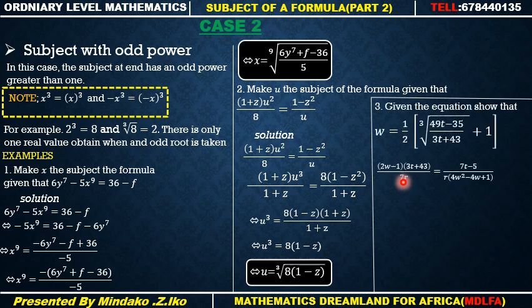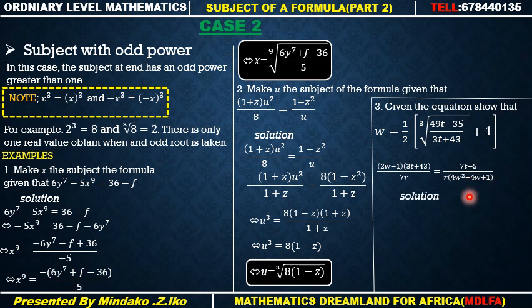For our next example, we have that given the equation below, show that w equals half times the cube root of 49t minus 35 divided by 3t plus 43, plus 1. Okay, it means we have to manipulate all this equation here for us to arrive here. It looks somehow cumbersome, but it is very easy once you master the topic. Okay, so let's dive into it.